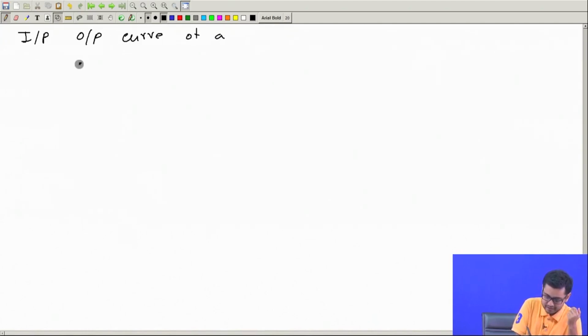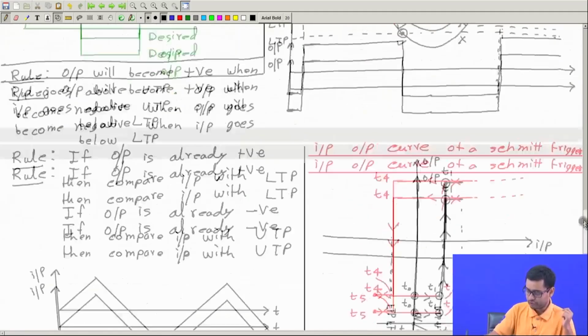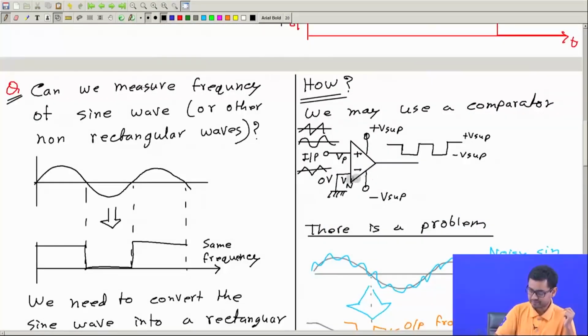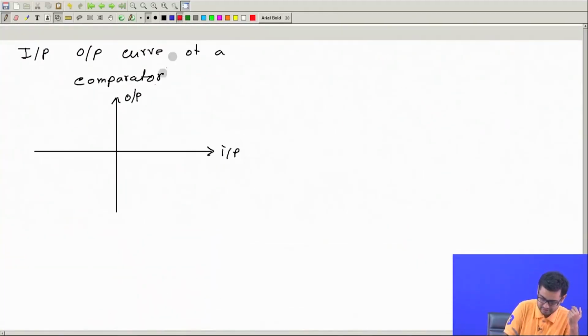Output versus input. How will that look? For a normal op-amp based comparator, which you have shown here. Can you do that? It's simple. I'll just tell you. It will just look like this. Okay, and if you want to put arrows, you can put the arrows like this.